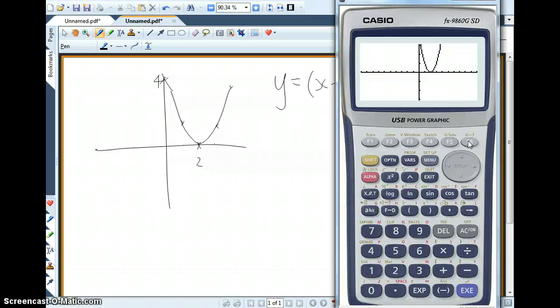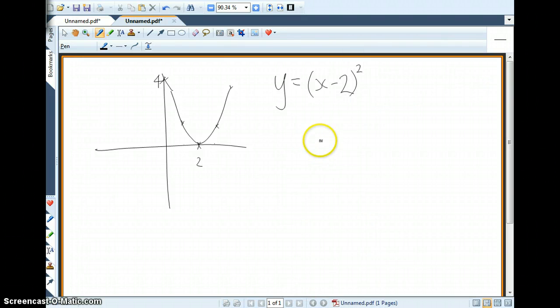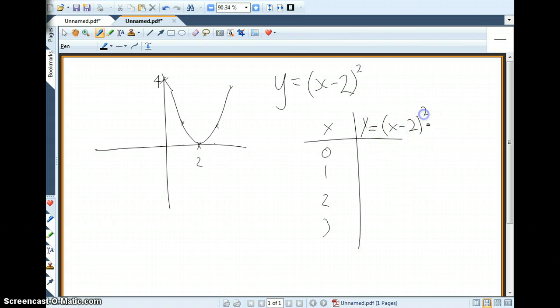Why does minus go right and plus go left? If you're wondering, this is what you have to do. Remember, this method will always work. Put 0 into here. -2 squared is 4. Put 1 into here. -1 squared is 1.